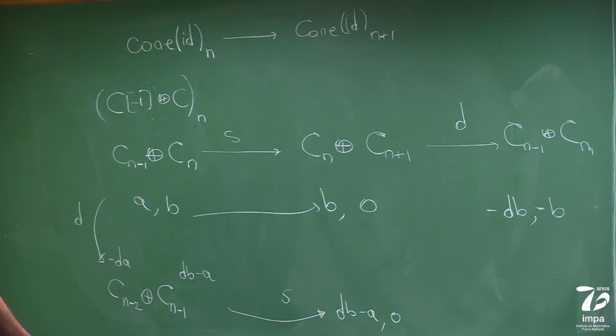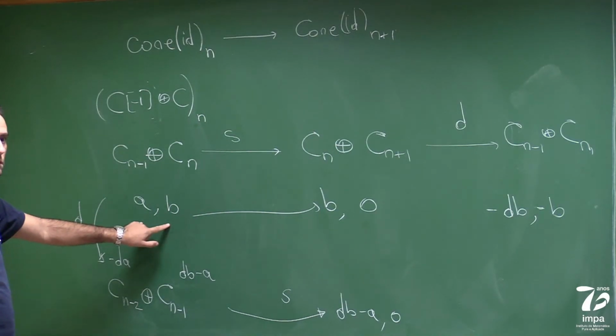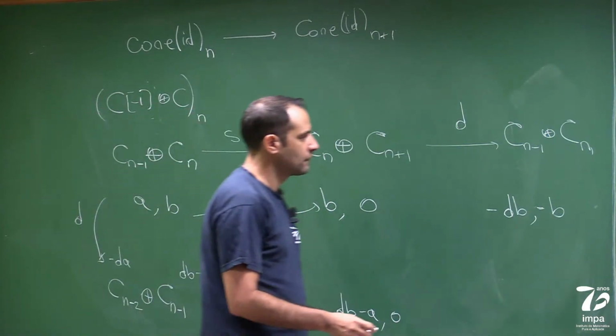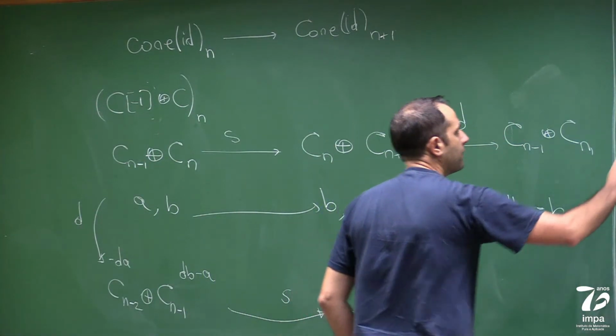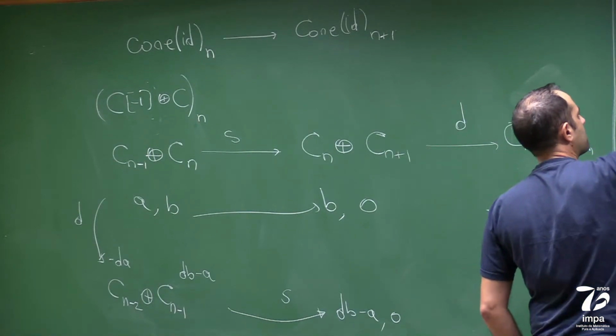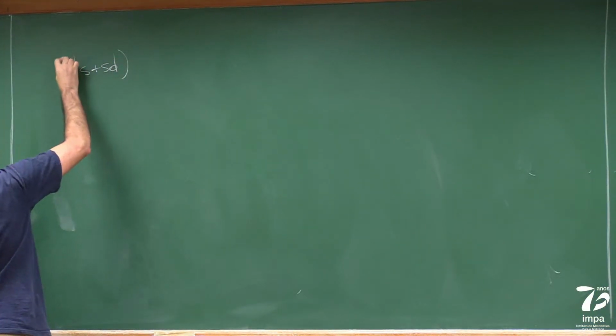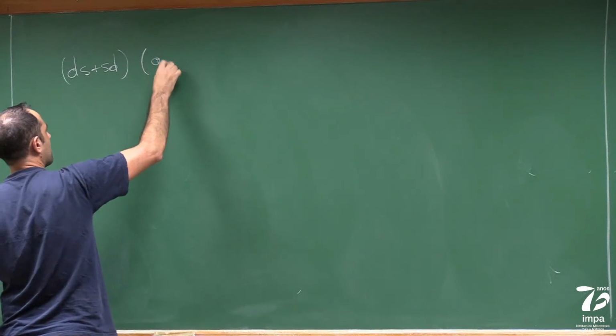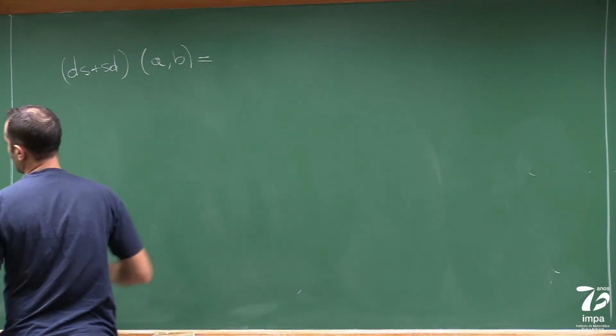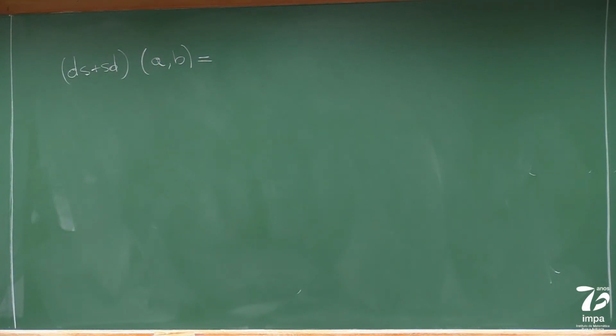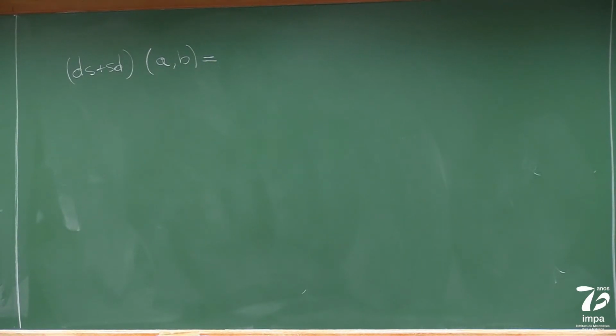Okay. So now what I want to check is, what is ds plus sd of (A, B)? So, well, I read it here. ds plus sd. Well, I got (A, B), I mapped it to this, and then I mapped it to this.